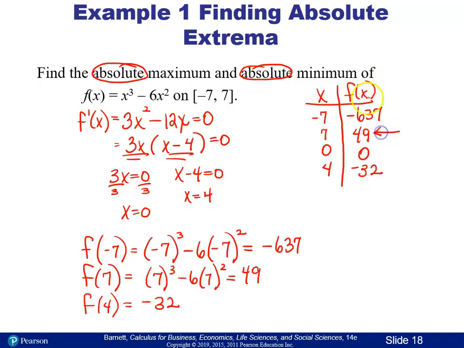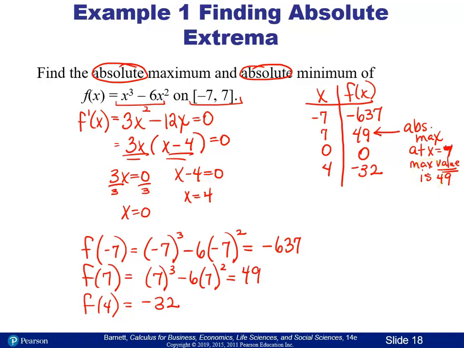Okay, 49 is the largest, so that's going to be my absolute maximum. It's going to occur at x equals 7, and the maximum value, anytime it says value, that's the y coordinate. The maximum value is 49. So the highest that function ever gets on this interval is 49.